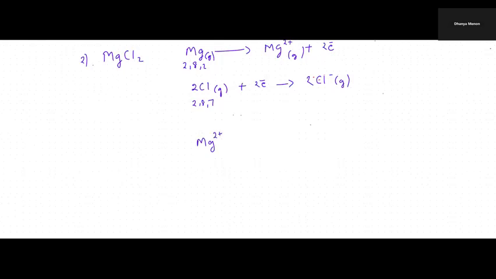Okay, so there are two ways of drawing. Either you can show what has happened after the electrons are given by magnesium to chlorine, or the process that is happening. So this is chlorine.